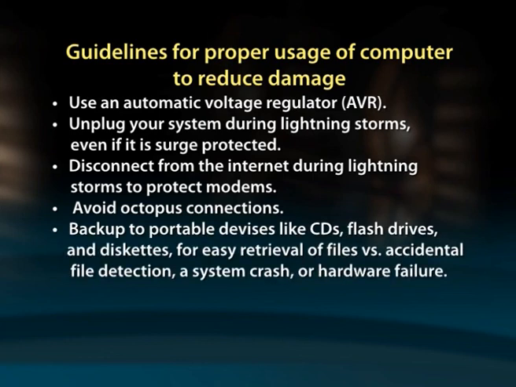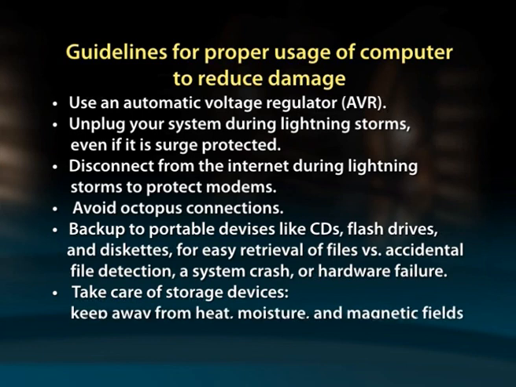Back up to portable devices like CDs, flash drives and diskettes for easy retrieval of files in case of accidental file deletion, a system crash or hardware failure. Take care of storage devices. Keep them away from heat, moisture and magnetic fields, like phones and speakers.